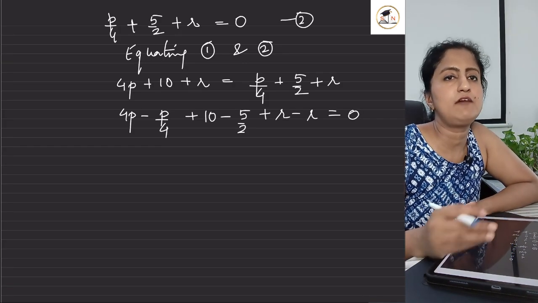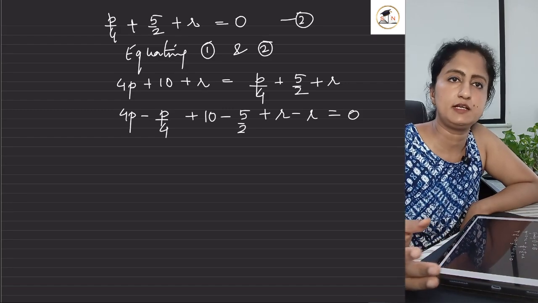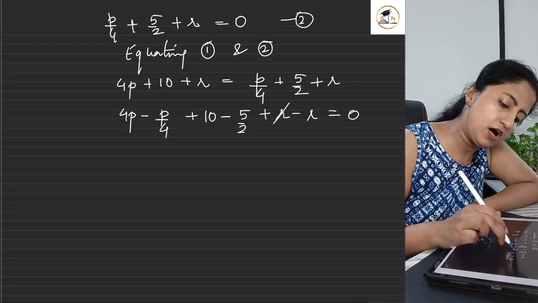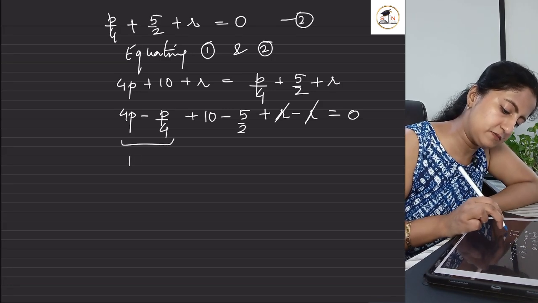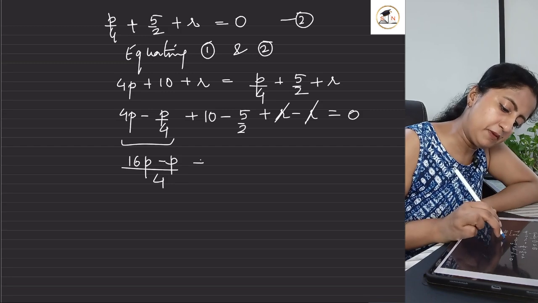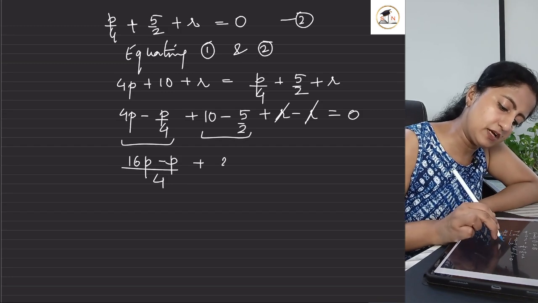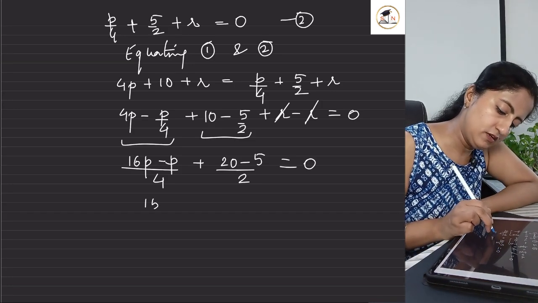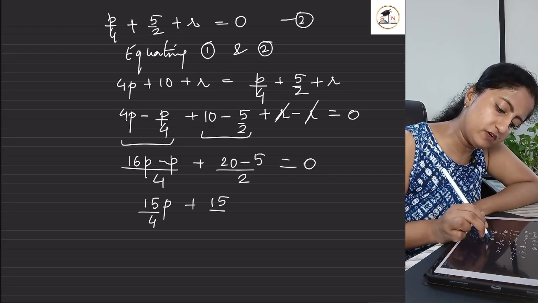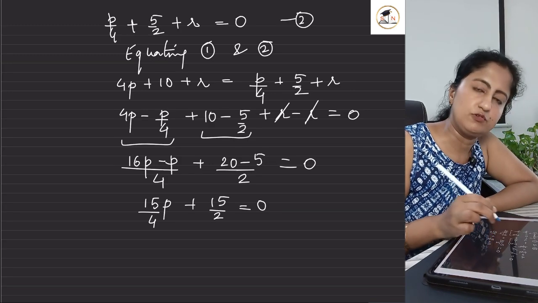What I have done is transposed everything from the right side to the left side. Now r and r got cancelled. I'll simplify these two terms. It gives me 16p minus p over 4 plus, taking LCM over here, 20 minus 5 whole over 2, equals 0. 15p over 4 plus 15 over 2 equals 0.